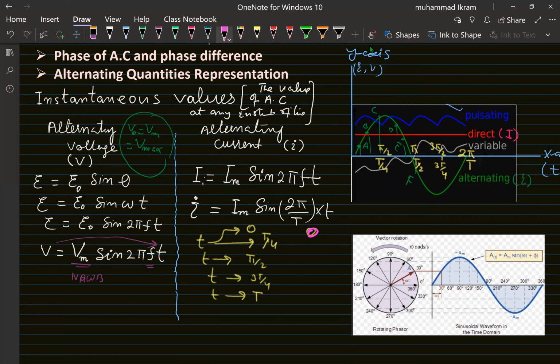For T by 4 it is the positive maximum, I max, that is your I max, the maximum value.